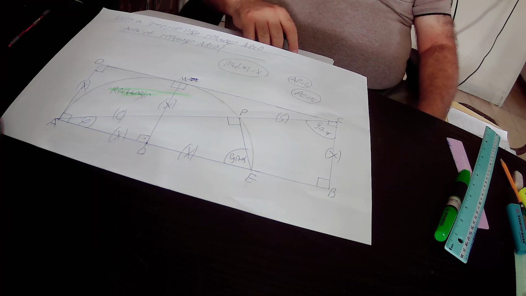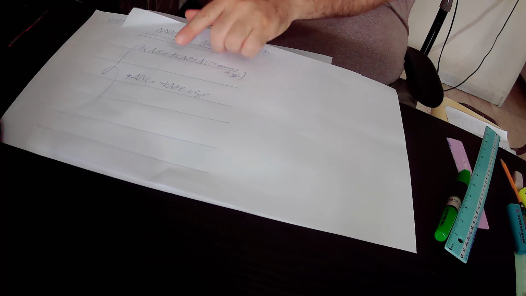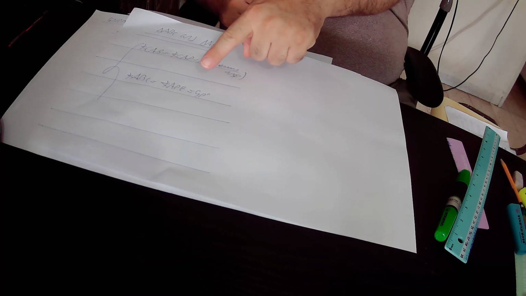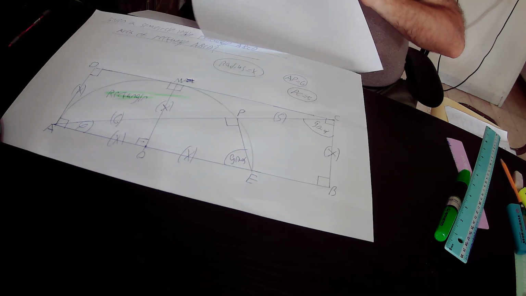So repeat again. We found out that angle ABC in the right big triangle ABC is equal to angle APE in the right small triangle APE. They are both equal to 90 degrees and therefore they are equal to each other.